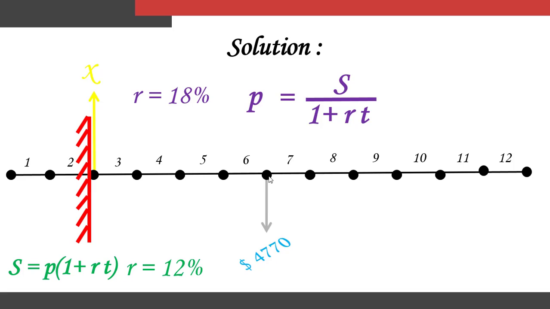Then we will use a rate of 18% to get the present value for the maturity value of the note. For how many months? For 4 months. 1, 2, 3, 4. It's from the maturity date of the note to the focal date.